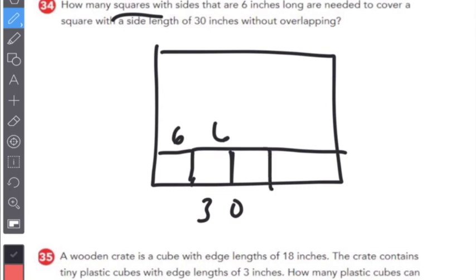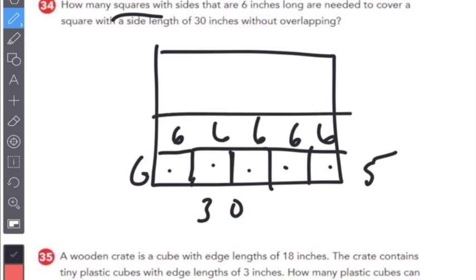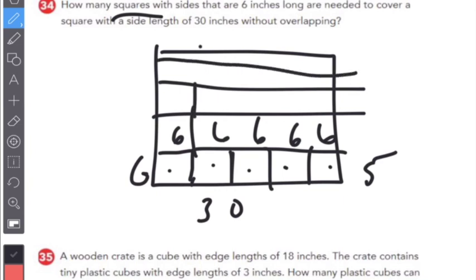Well, these all have sizes of 6. So I have 1, 2, 3, 4, 5 go here, and then this is going to be 6. So going up, because it's a square, I didn't draw it perfectly. So let's see, 1, 2, 3, 4, 5, right there.